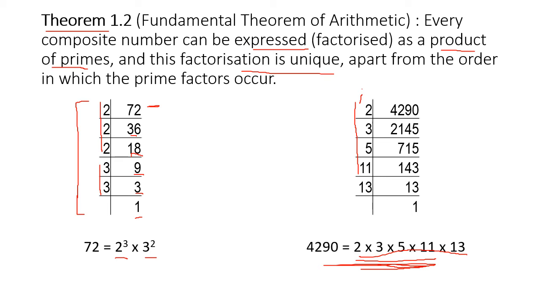You cannot show 4290 as a product of 23 or 29 or 31 or 17 or 19. No. This is a unique factorization. So this is what the theorem states: every composite number can be expressed as a product of its primes, and the factorization is always unique.